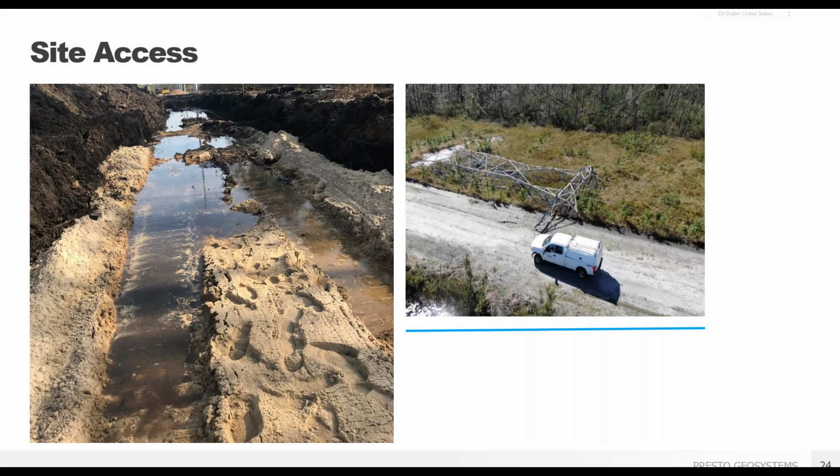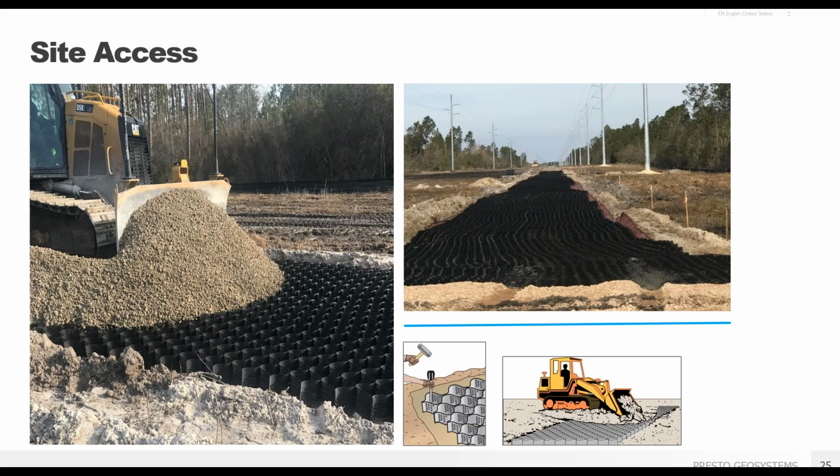The GeoWeb system was used for access and maintenance roads, as well as pads around the towers. So as before, the GeoWeb was expanded and held open with temporary stakes, then infilled by pushing via dozer.